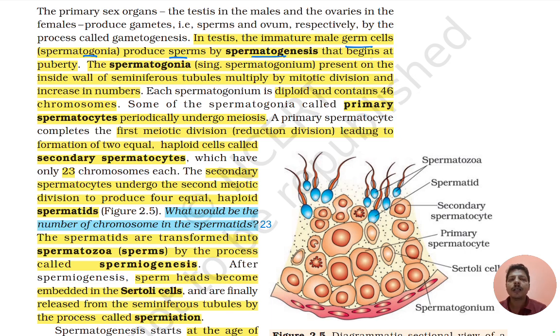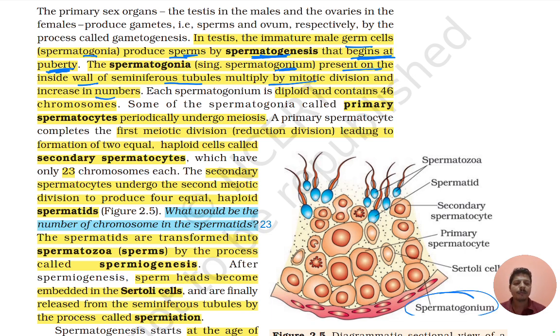The spermatogonia, present on the inside wall of the seminiferous tubule, multiply by mitotic division and increase in number.